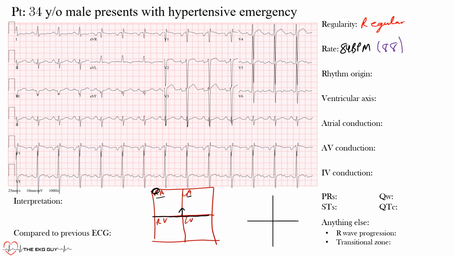Now that we know that we likely have a supraventricular source, and P waves that look the same, coming from the atria, we have to ask ourselves, is sinus rhythm present? If sinus rhythm is present, here's your right atrium, this is the sinus node. Sinus rhythm means that the rhythm is originating from the sinus node.